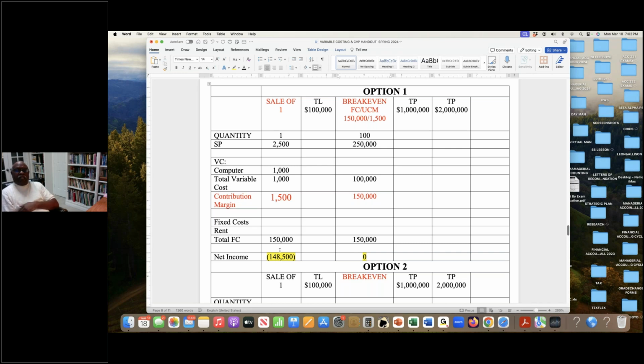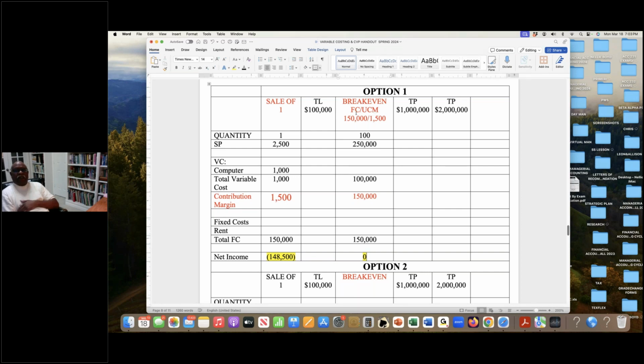Any questions? How did you get 100 for the quantity? See up here, that formula was fixed cost divided by unit contribution margin. Fixed cost, 150,000, divided by this unit contribution margin.